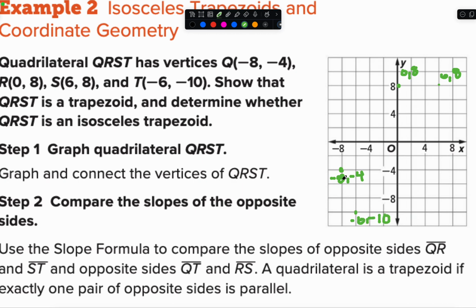Okay, so I've got something that looks like this. There we go. Okay, so first things first, it says show. They want us to show that this is a trapezoid. In order for this thing to be a trapezoid, all I have to say is this guy is parallel to that one. And when we're looking at parallel, we're looking at slope.